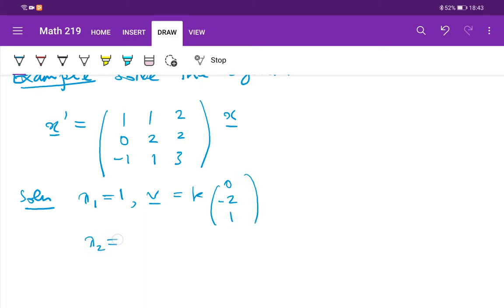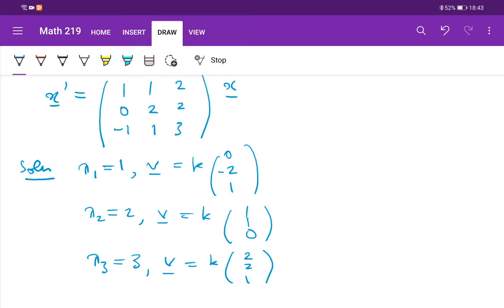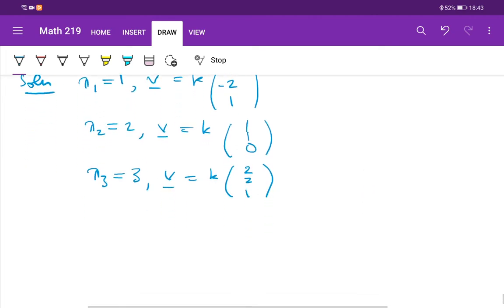and so the eigenvalues are 1, 2, and 3, and the corresponding eigenvectors, I'm just describing them here, 1, 1, 0, and so we get x1 is equal to v.